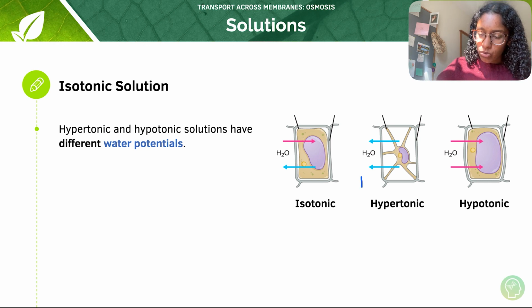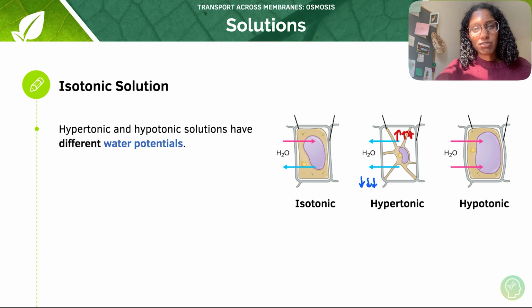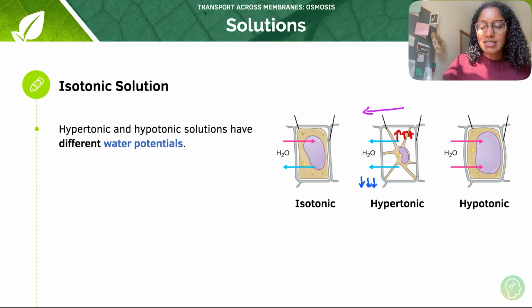In here, in the cell, there's a higher water potential. So what does that mean? Which way is water going to travel? It's going to travel out of the cell, down the concentration gradient. So what does this lead to? It leads to shrinking of the cell because water is moving outside of the cell.